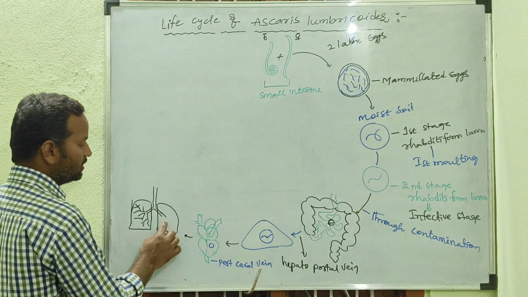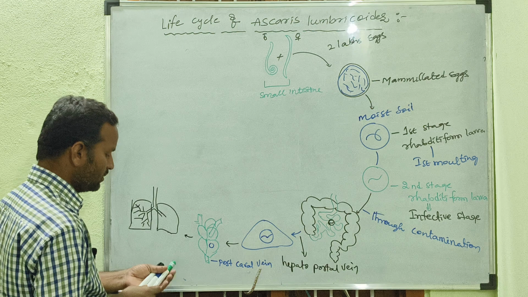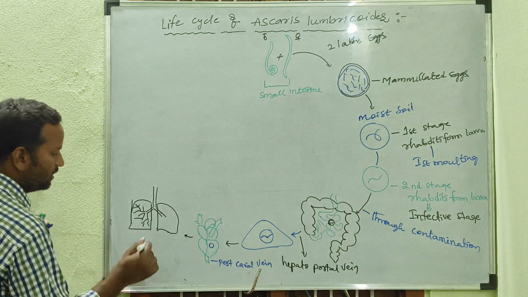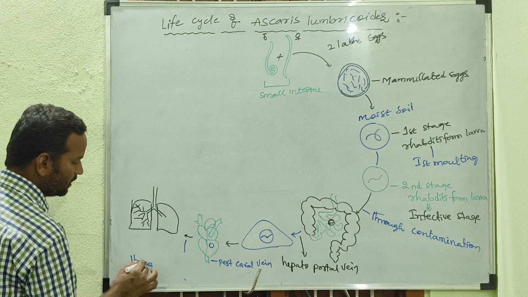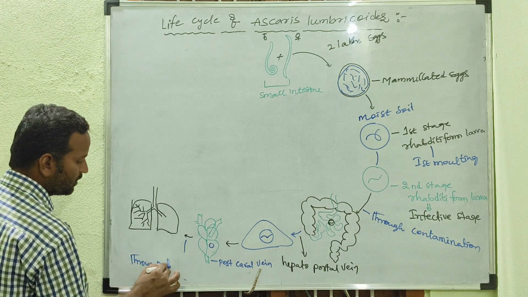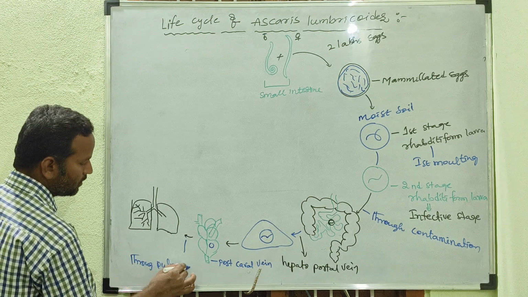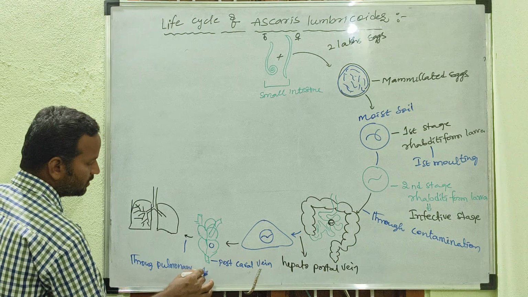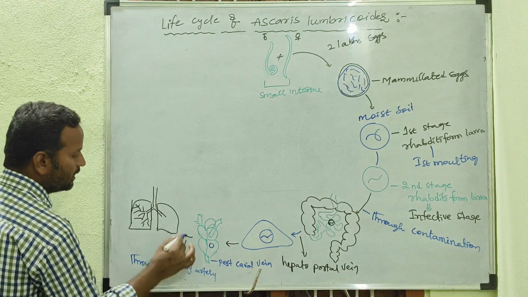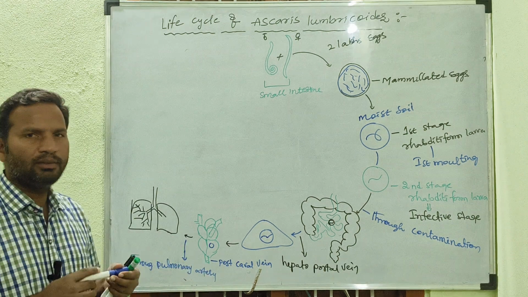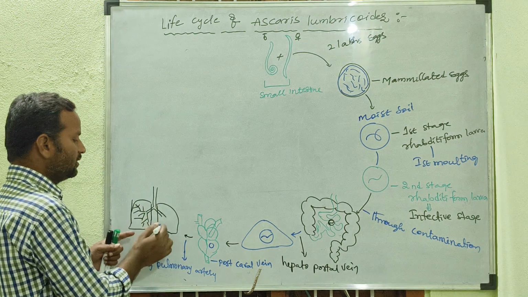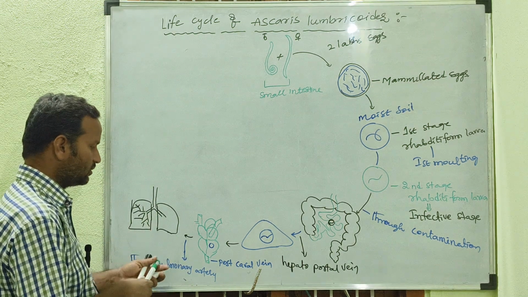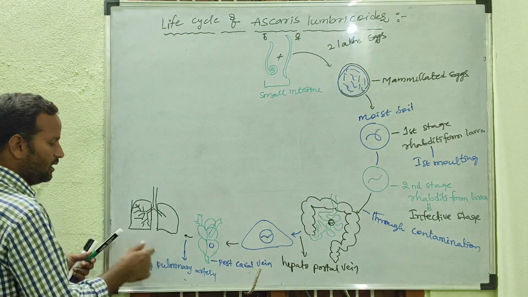From the heart, it reaches the lungs through the pulmonary artery. Why? Because the pulmonary artery carries deoxygenated blood from the heart to the lungs.